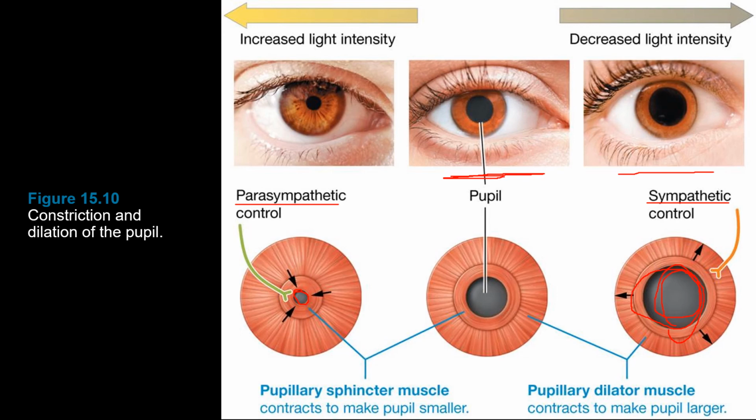And these arrows on the top, I want you to remember, are referring to, let's say it's noon here in this photo, right? And then this one would be at dusk. So the intensity of the light of your environment is different.